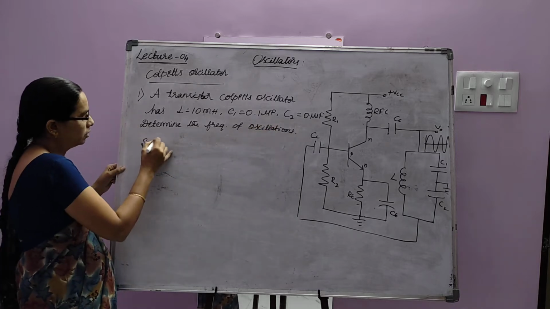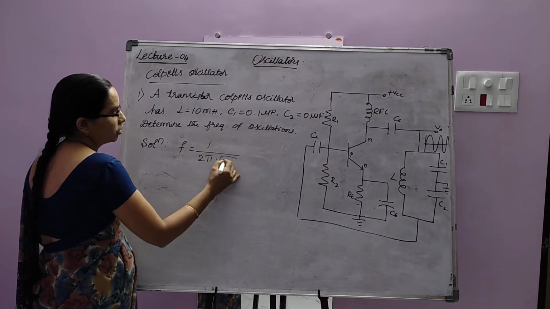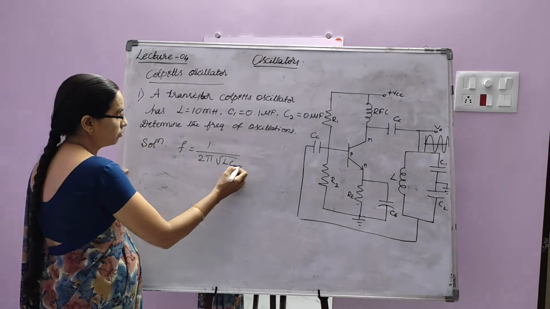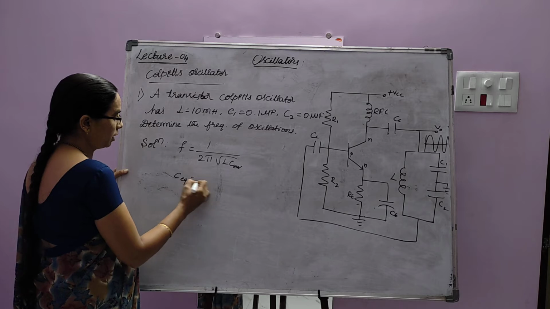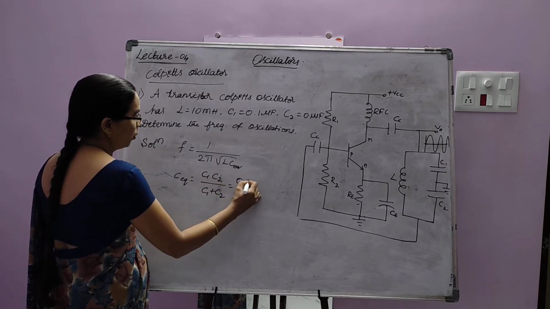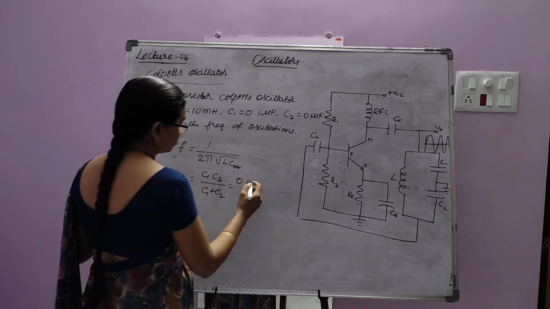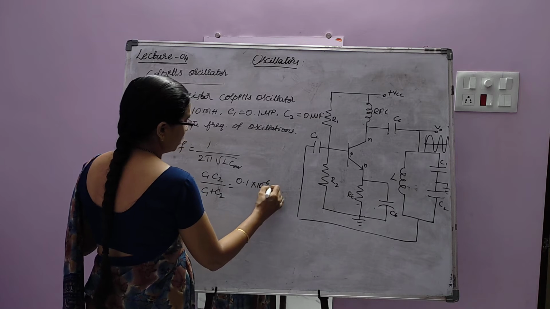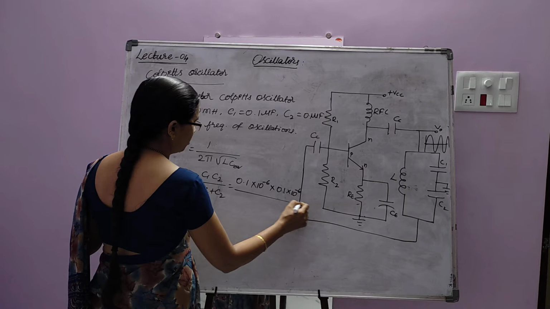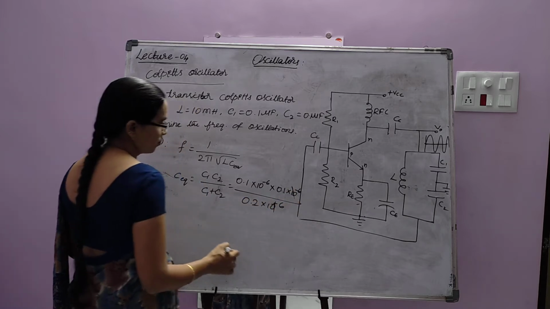So we have a direct formula. f is equal to 1 by 2 pi root LC, where C is C equivalent. C equivalent can be calculated as C1 C2 divided by C1 plus C2. 0.1 micro into 0.1 micro divided by 0.2 into 10 to the power of minus 6.